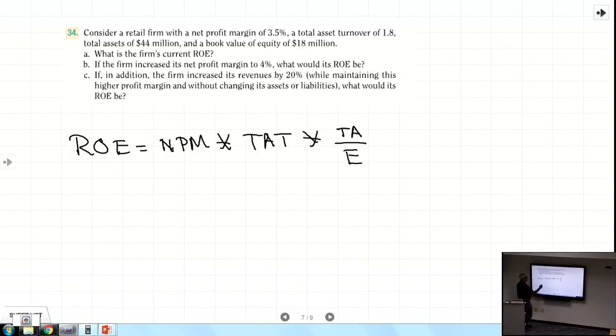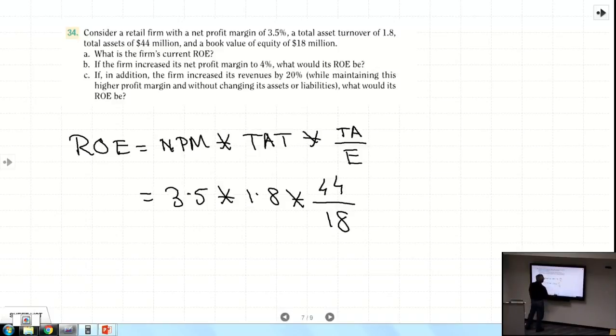So net profit margin is already given to us as 3.5%. Total asset turnover is 1.8. Total asset is 44 million and equity is 18 million. So we put all those variables into the formula and that gives us an ROE of 15.4%.